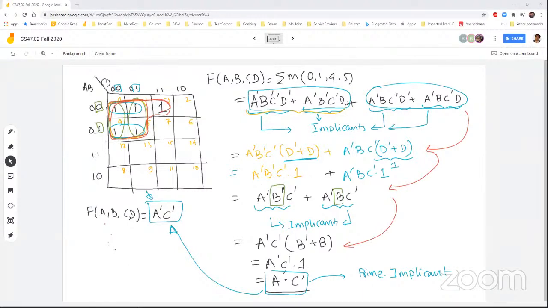Okay, now comes Carter's other question, the consensus theorem. Can we walk through the consensus theorem, how it allows us to drop non-essential prime implicant groups? Interesting question. Let's look at that.